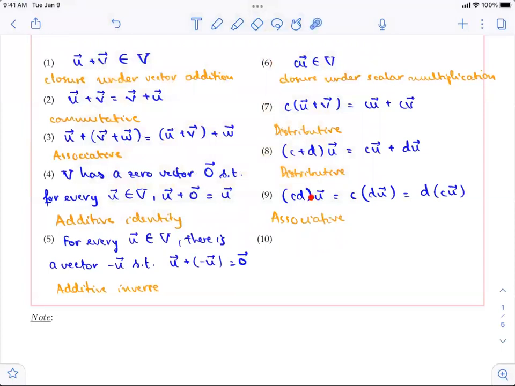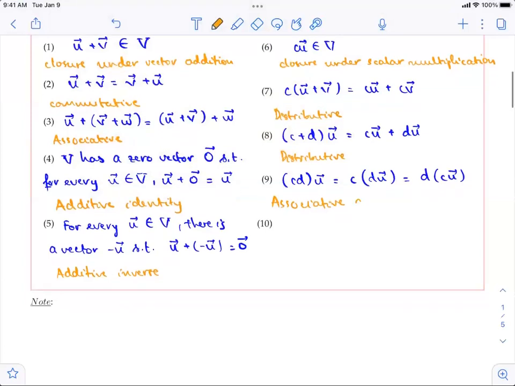It just says that you have two scalars and you can do the product of these two scalars first, and then apply the resultant scalar on the vector u. Or you can apply one scalar on the vector u, and then apply another scalar on the resultant vector. Okay, so this is the associative property of scalar multiplications.